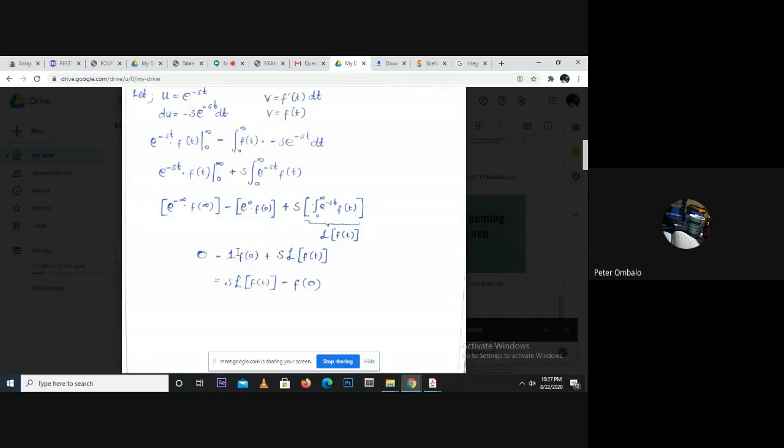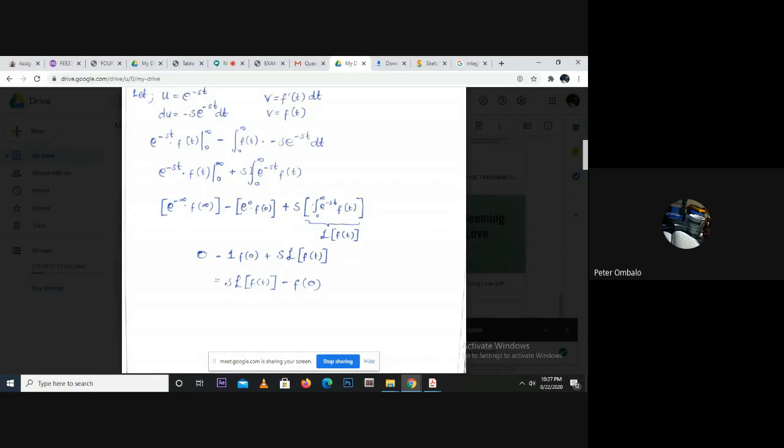So this is here. And then for this one, we have an s outside, we have retained it, but for this term inside here, if you look at it keenly, it's the Laplace transform of f of t, right? Because the formula for Laplace transform is e to the negative st multiplied by a function.